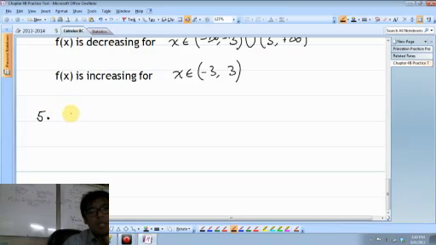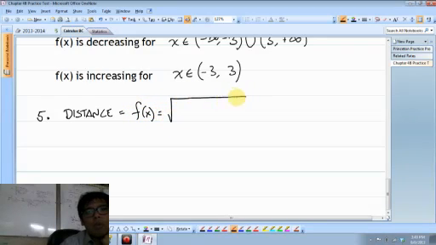Find shortest distance between a point and a parabola. Let's remember the distance formula. That's going to be the square root of 3 minus x squared plus 3.5 plus x squared, squared.